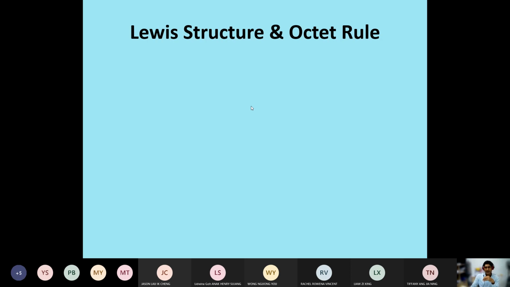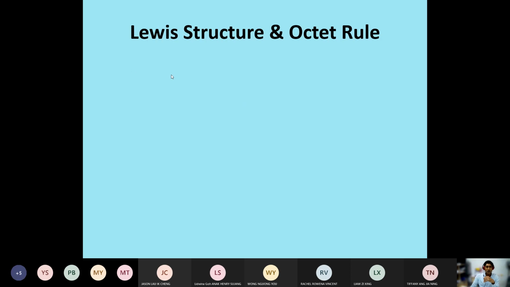And we have seen that it does not work very well for elements that have d orbitals. It is a little bit problematic, and we have to have some other considerations as well. But still, we can try to decide what the Lewis structure will look like for them.